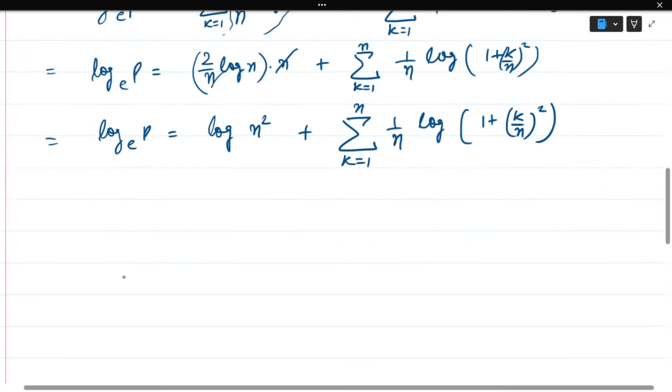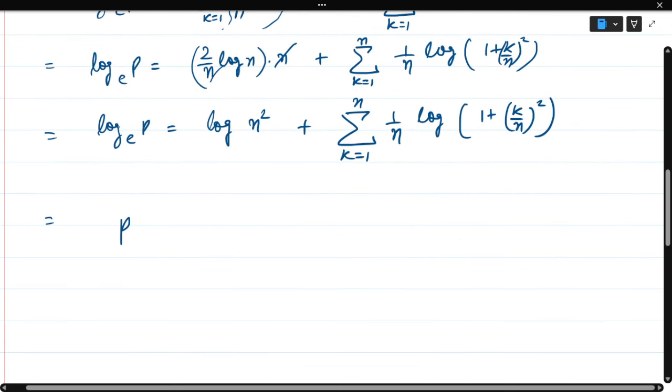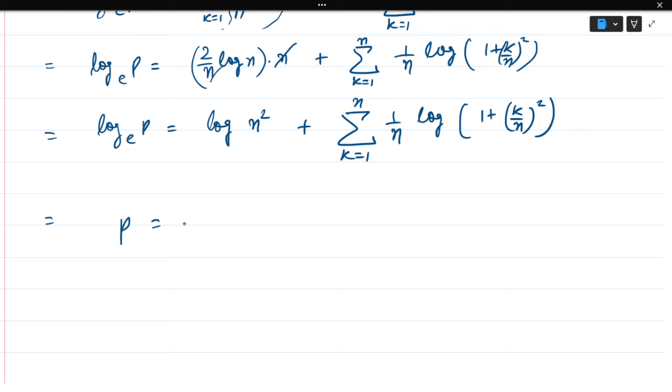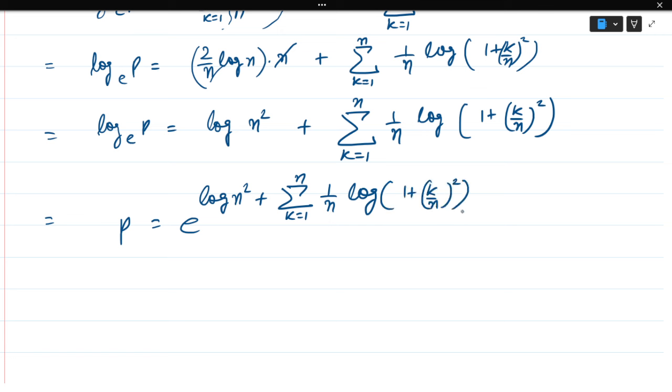So from this, what do we get for P? P, after removal of the log, this exponent e will be taken to the power of this. So it will be e whole to the power log n square plus summation k equal to 1 to n of 1 by n log 1 plus k by n whole square.